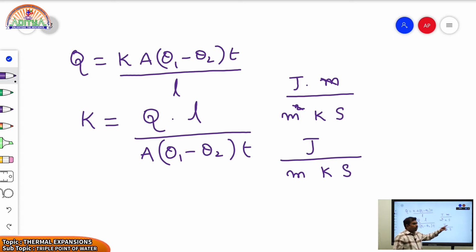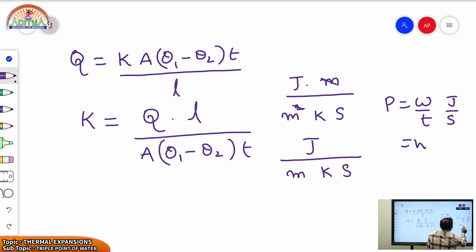Already you know that joule per second is nothing but the power. Power P is equal to work by time, joule divided by second. This is called watt. So, in place of joule per second, I can write the unit as watt also. So, watt divided by meter Kelvin.